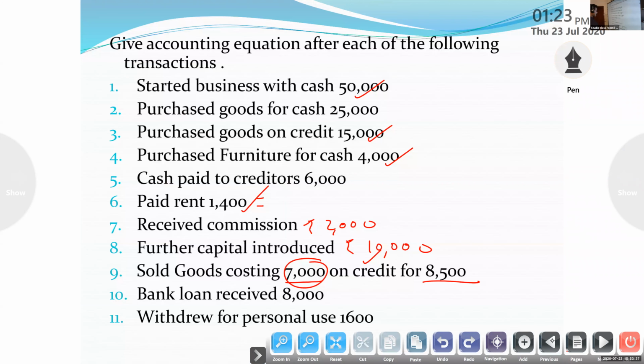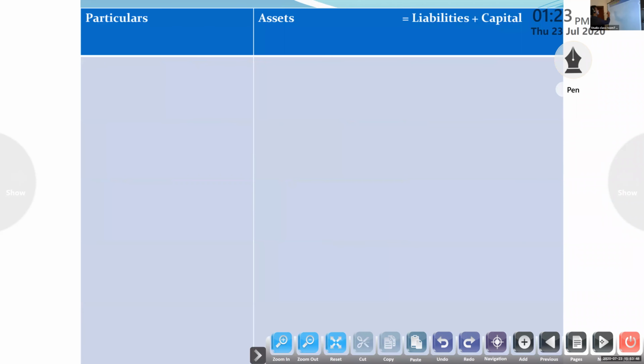So next, bank loan received 8,000. Bank loan received, 10th one.